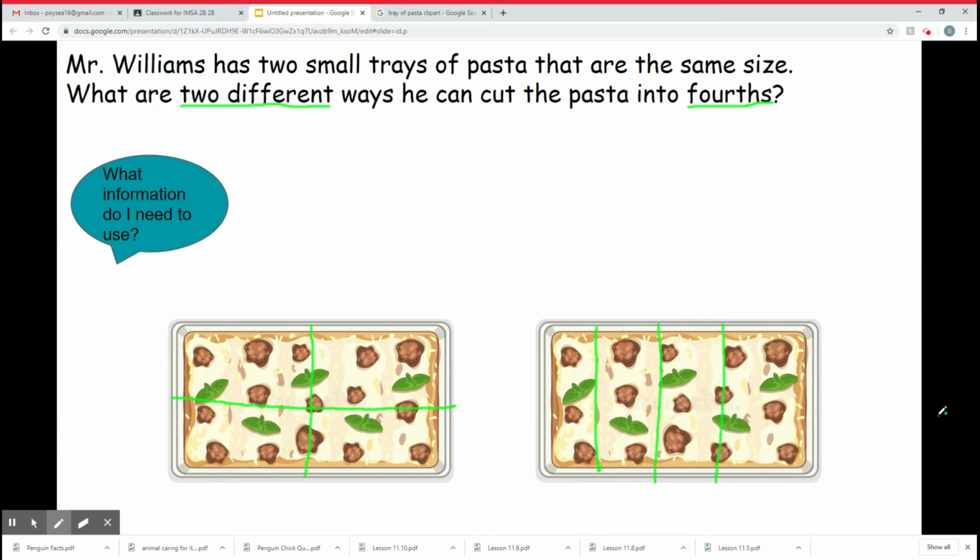Okay, that's sort of okay. Let me try one more time. I'm going to do it in red. Okay, I'll do it down the middle first. There we go. That's a little bit more equal. Okay, so there's 2 different ways. We divided the pasta into fourths.